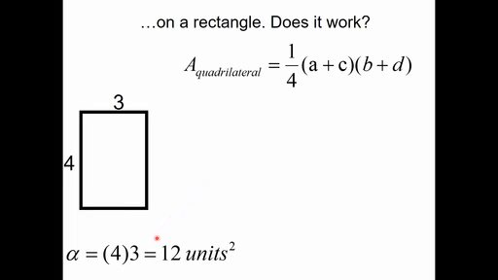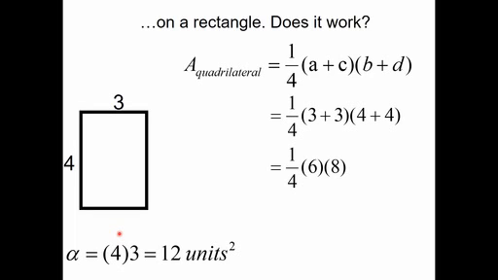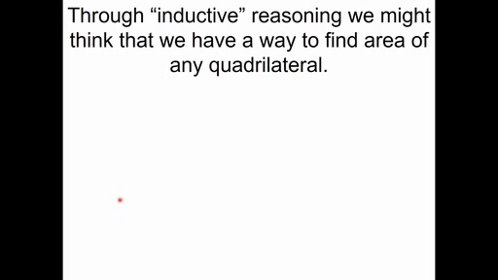Try to work that one through in your head before I show you here. 1/4 of A plus C. It doesn't matter if you start with these as A plus C or those as A plus C. 1/4 of, did you pause it to try to figure it out first? 1/4 of 3 plus 3 times 4 plus 4. 1/4 of 48 is 12. Yes, it works. Perfect.